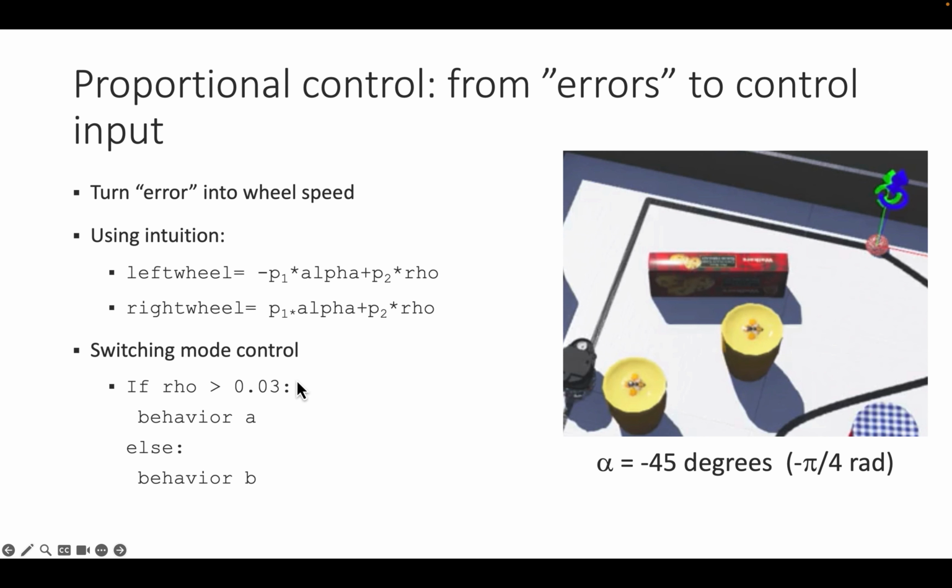We also introduced the idea of switching mode control. You can choose between different behaviors. For example, here we say if rho is larger than 3 centimeters, we choose behavior A, which might be this controller here. Once you are closer, we might choose behavior B, which would then adjust the final goal heading.